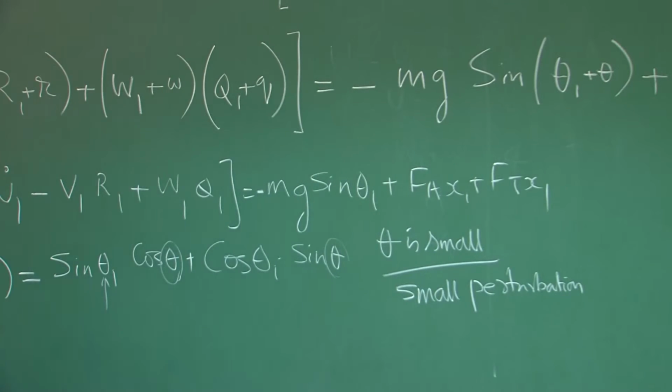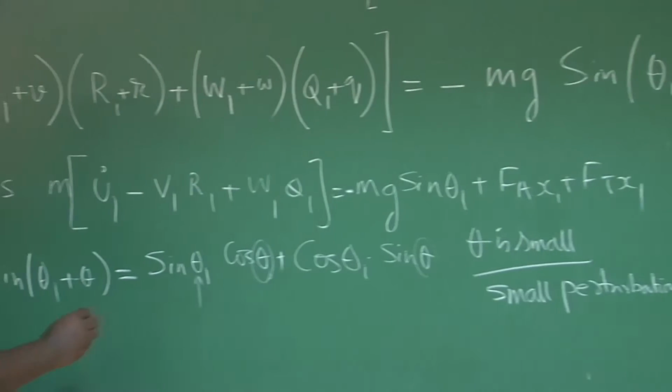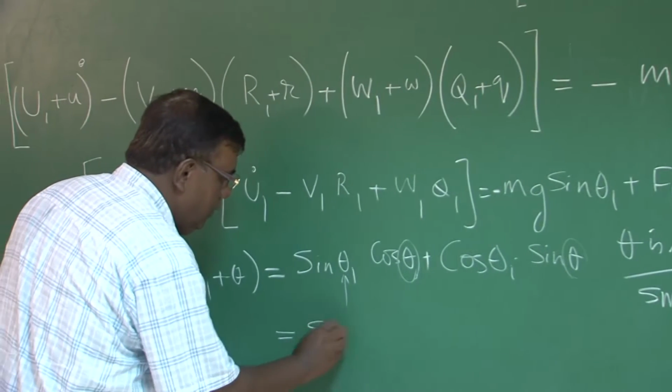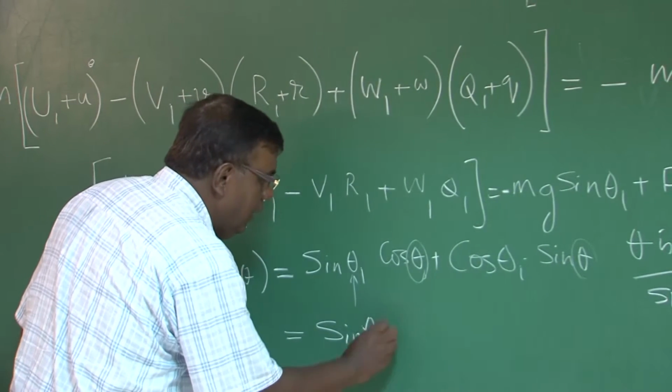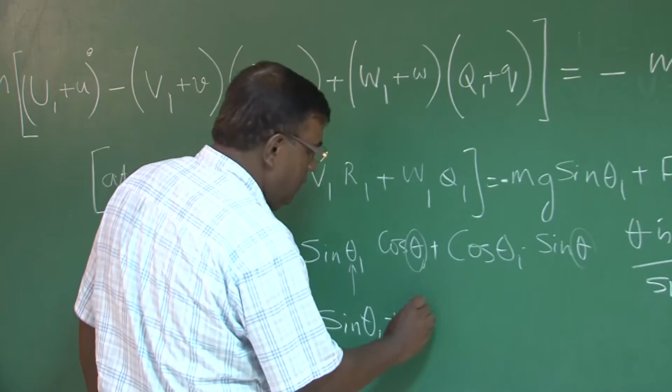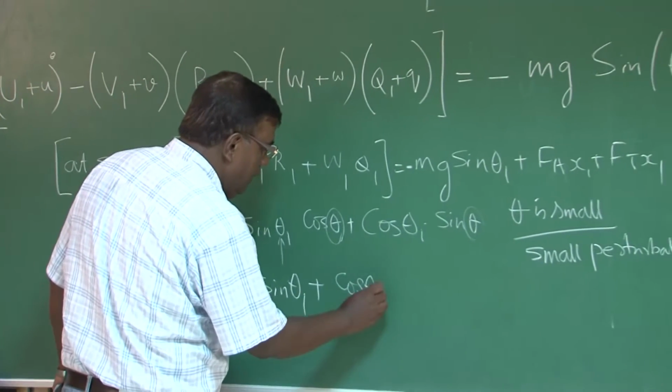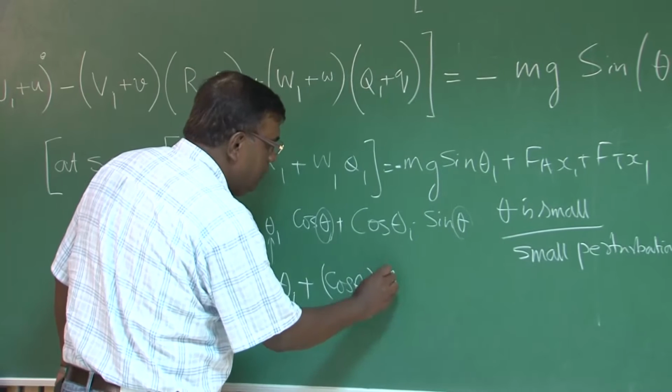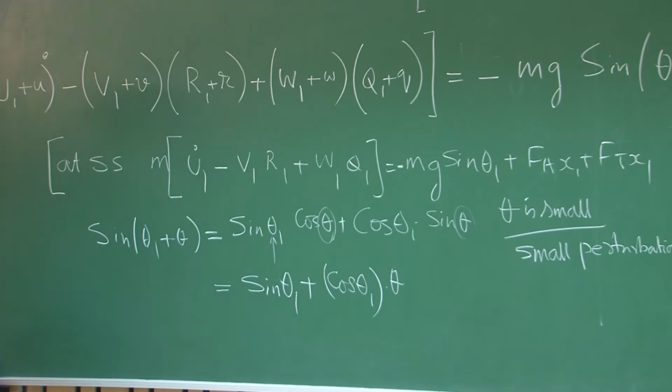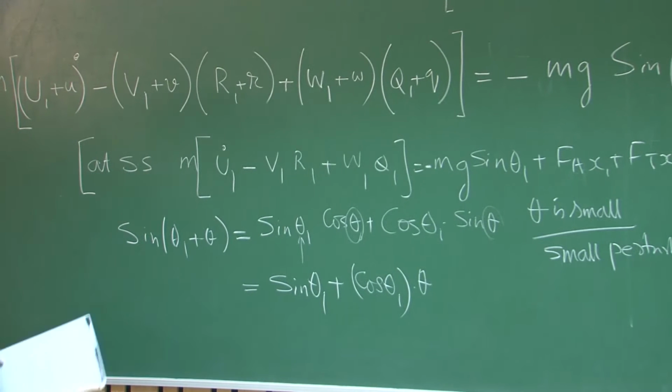Once I use this information, I can easily write it as sin theta 1 plus cos theta 1 theta, because if theta is small, sin theta is equal to theta and cos theta is 1, approximately like that.